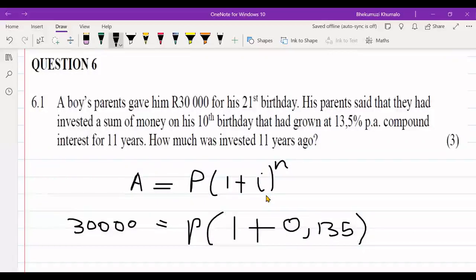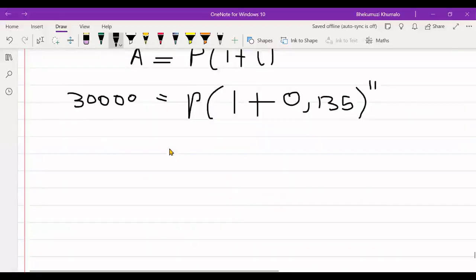Now, how many times is this compounded? They said per annum, so this is compounded per year. So this is still just 11. So this is going to be 1.135 all to the power 11.